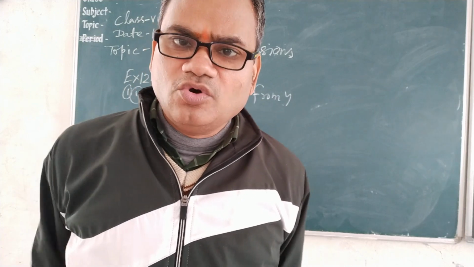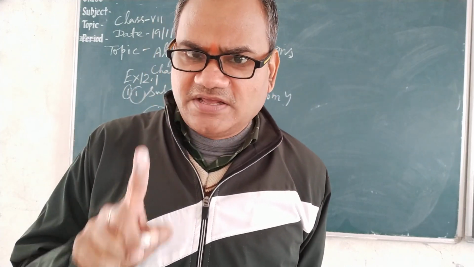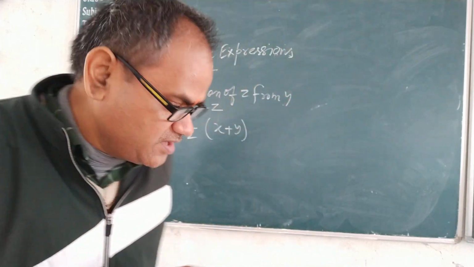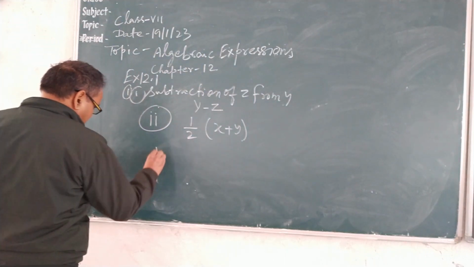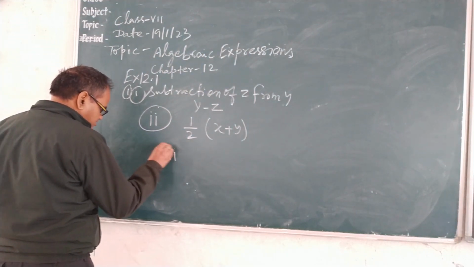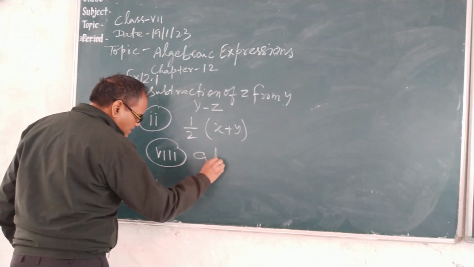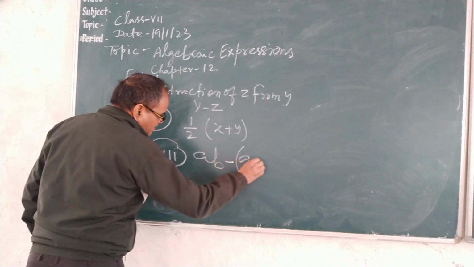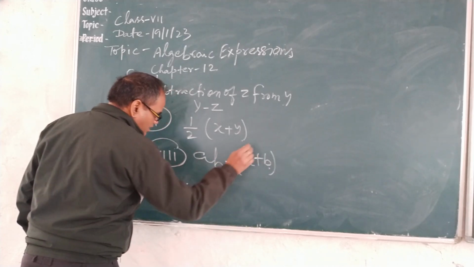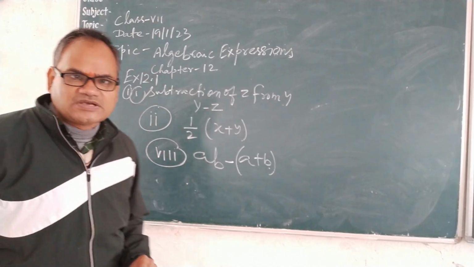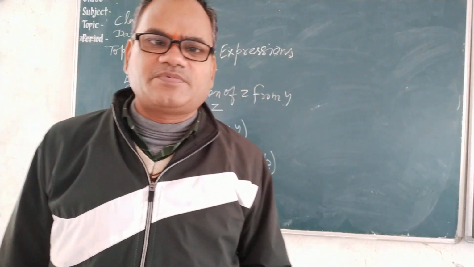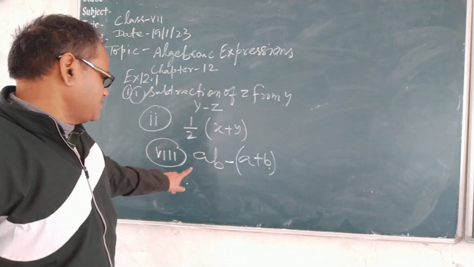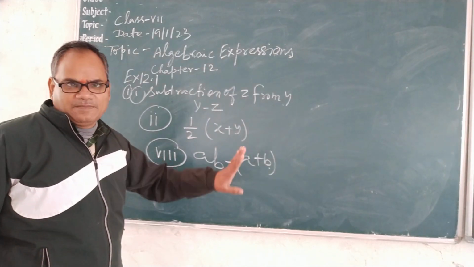Now what do you have to do? You have to subtract a plus b from ab. It means your answer for number 8 will be ab minus a plus b in bracket. Okay, in bracket you have to write. So the sum of the numbers a and b subtracted from their product is ab minus a plus b.